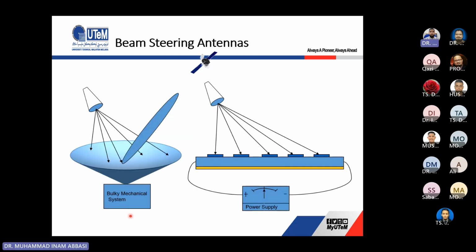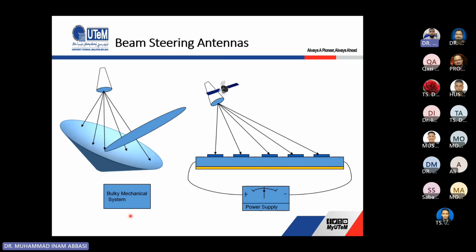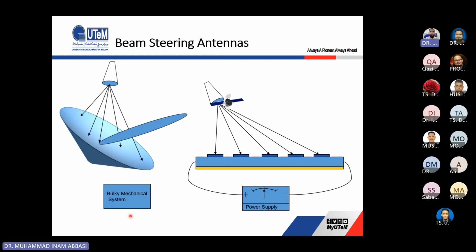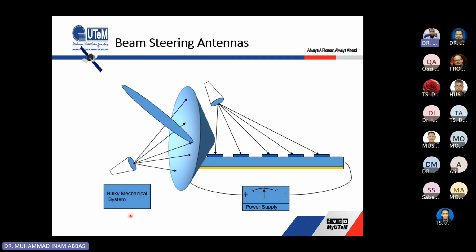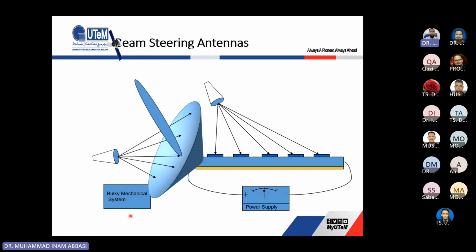Okay, so this is a very basic animation of the importance of beam steering as compared to mechanical steering with a parabolic reflector. Let's say we want to target a satellite, for satellite tracking. For the parabolic reflector, we have to move the whole bulky structure of this antenna from one end to the other end using mechanical motors.